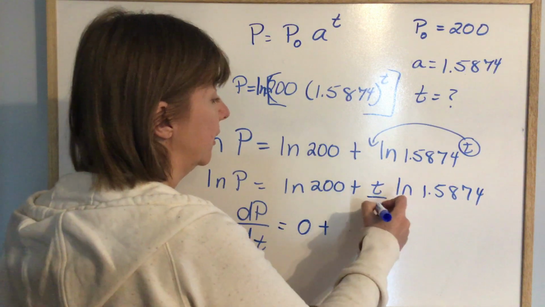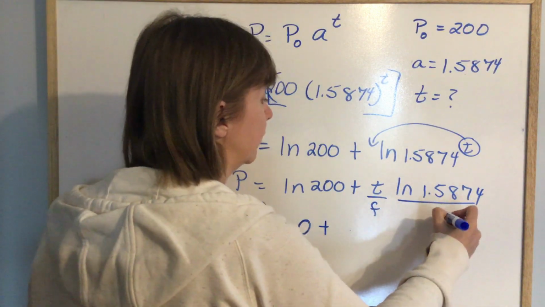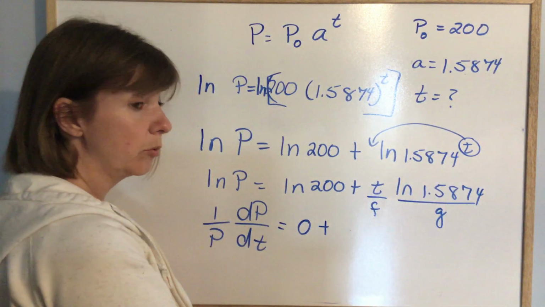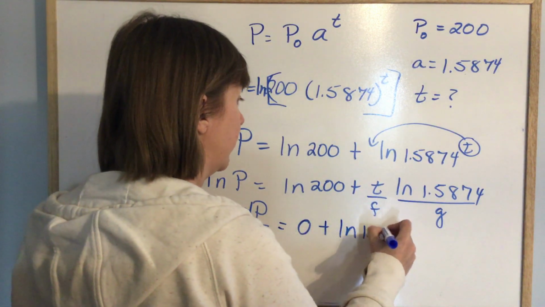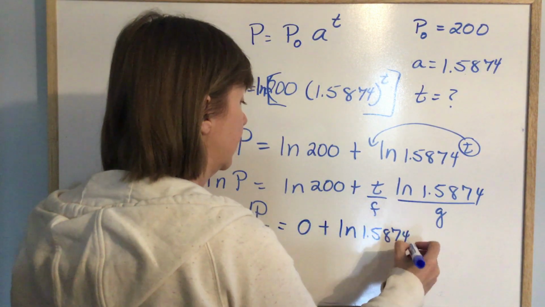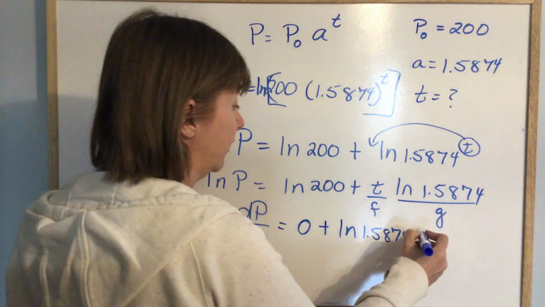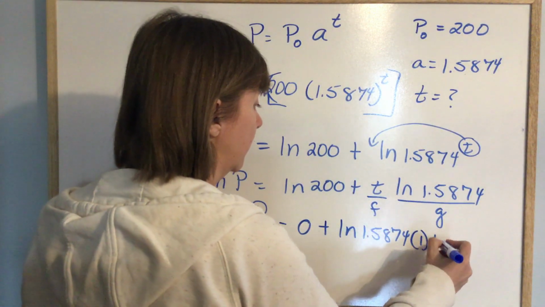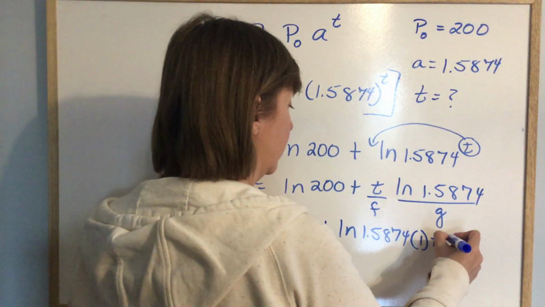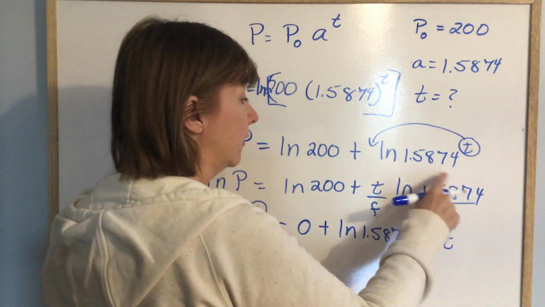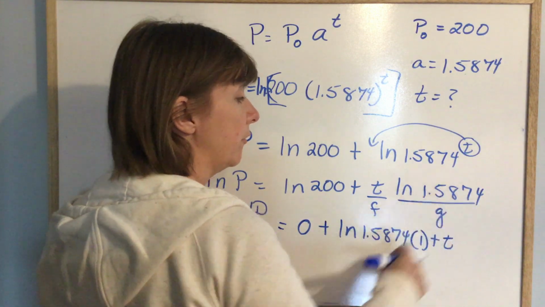Plus, now here is f, here is g. I'm going to have to do the product rule with that. So g, which is ln of 1.5874, times the derivative of t, which is 1, plus t times the derivative of ln of 1.5874.